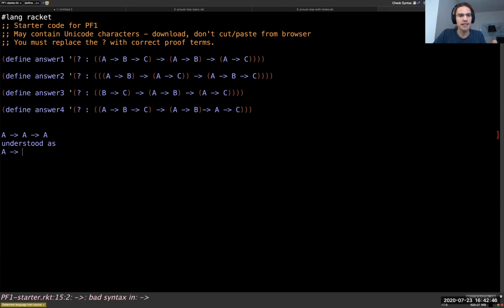A takes in a single parameter A and returns a function, A to A. Or A implies that A implies A. Then brackets here are necessary so that the first factor of the implication isn't just an A. The first factor of the implication is this entire term. And then what does that imply? Well, that implies this implication.